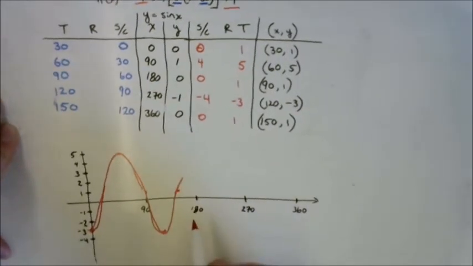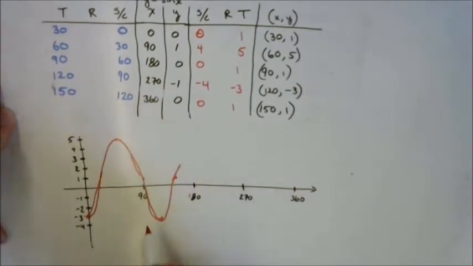And same thing, you can keep going all the way to 360. Going to have a min at 120. That means it's going to have another min at 240 and another min at 360.